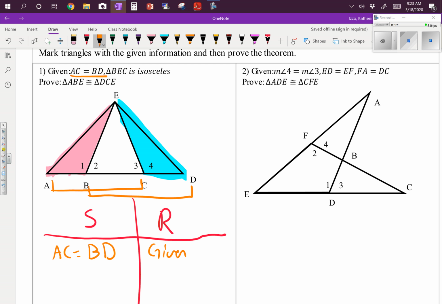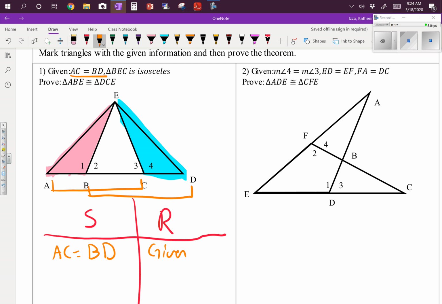BC. Good job. BC is the one that we want to get rid of. We've got AC and we've got BD. If we kill off BC, then we can have the little sides that we want. Yeah, it's going to be side subtraction. Good job, Squirrely. So smart. Side subtraction.